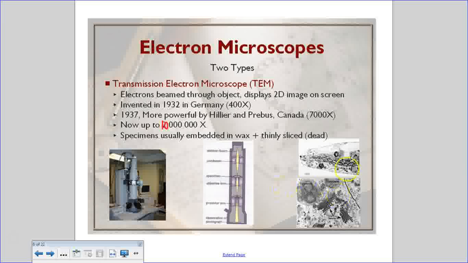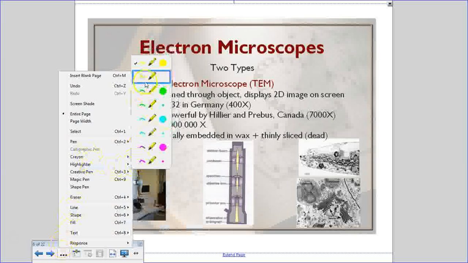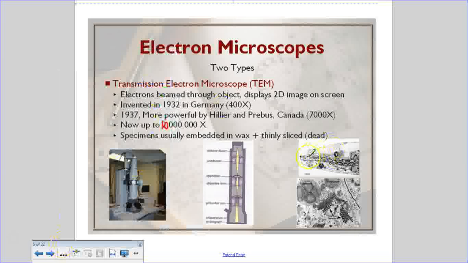So this is an example of, this is the head of a tiny little worm, and you can see each of these, let me see if I can, that little highlighter. Okay, so each of these little guys is a bacterium.